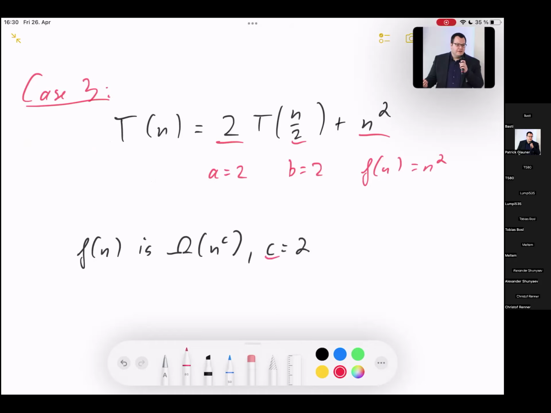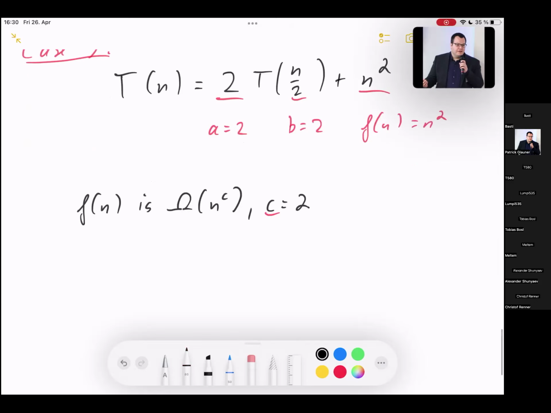So we have our value for c. We can also calculate the critical exponent, which is log b of a. So the log 2 of 2, which is 1. So the critical exponent is 1, which is less than c, because our c is 2.